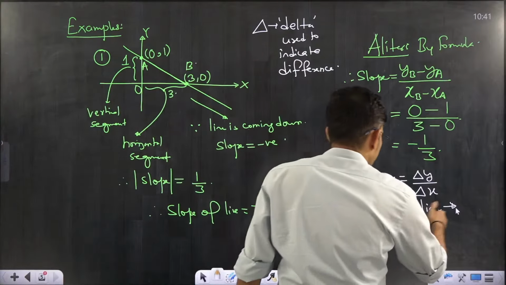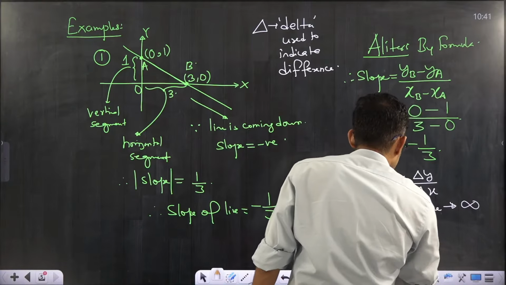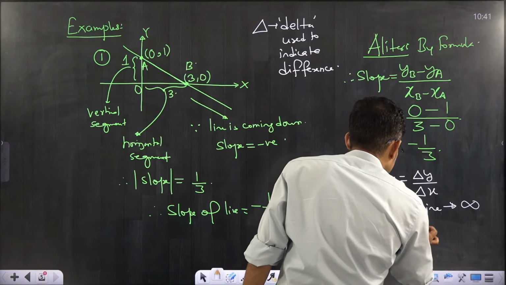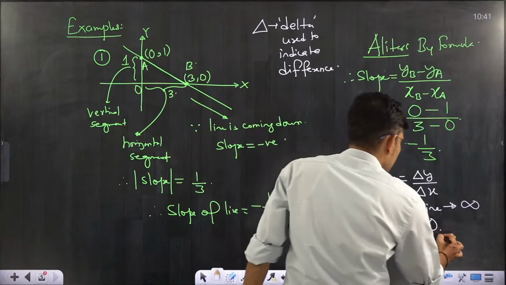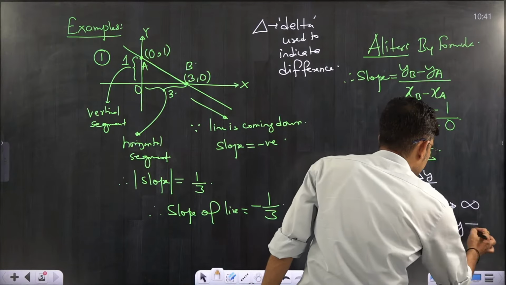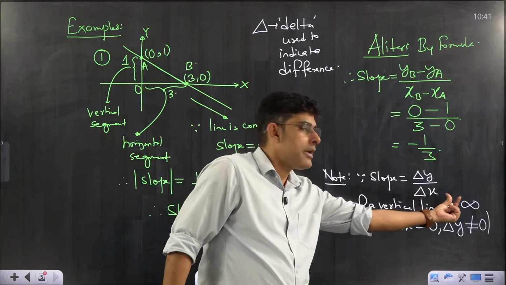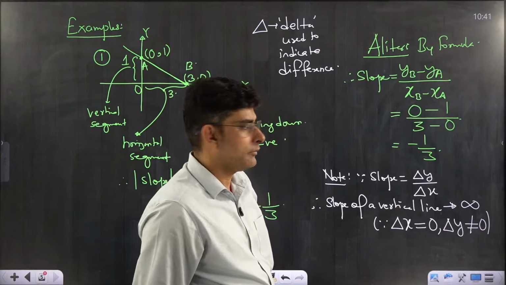So slope of a vertical line will become infinite. Why? Since x coordinate will not change. Delta x means change in x. It will be 0, and y coordinate will change, means change in y is non-zero. So anything divided by 0 gives you infinite.